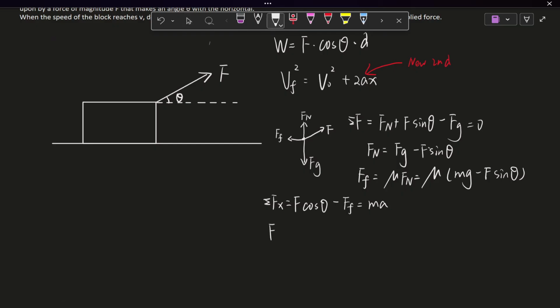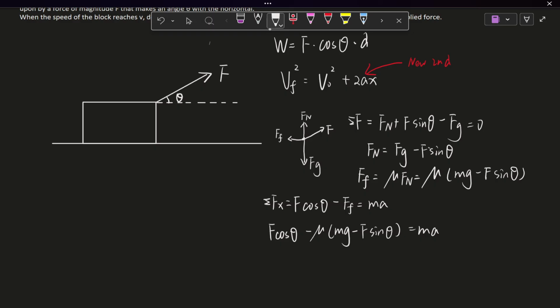So F cosine theta minus, now we plug this back over here. F cosine theta minus mu mg minus F sine theta is equal to ma.